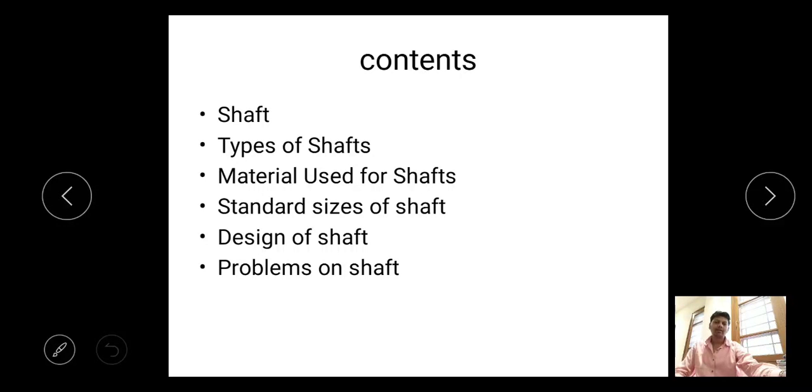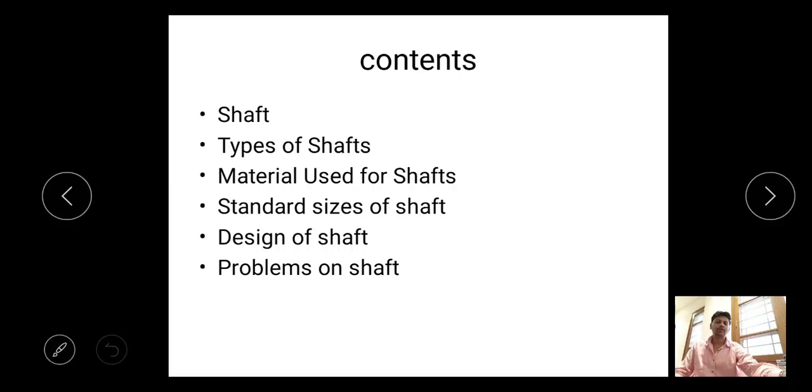After that we studied factor of safety. So FOS, factor of safety, means what? It is just the ratio of ultimate stress by working stress. If you divide, you will get the factor of safety. If the factor of safety value is more, that means the component under the stress you are applying is safe.